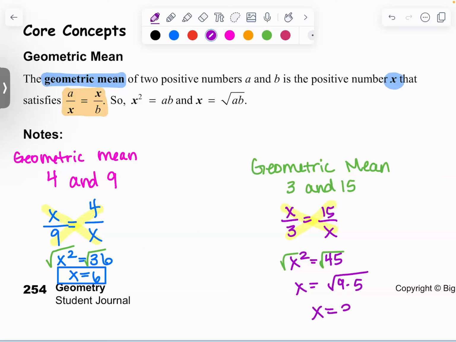So our geometric mean is 3 square root 5. You can assume throughout this whole first half of the chapter that I want your answers to be exact. Simplified radicals is what I need here, people.